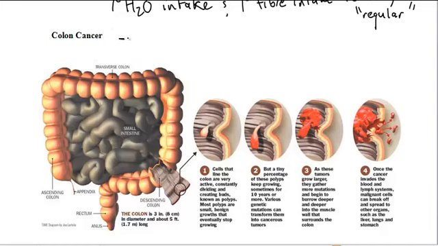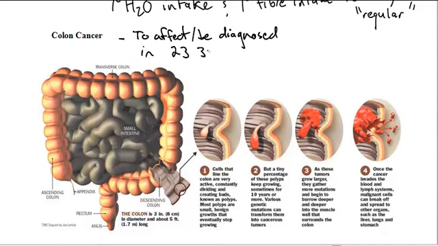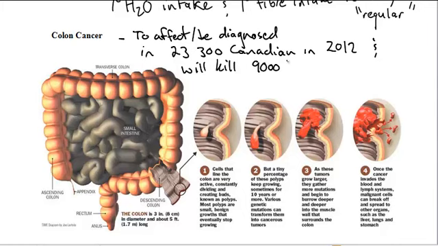Colon cancer, in 2012 alone, is predicted to be diagnosed in 23,300 Canadians in 2012, and will kill over 9,000, approximately 25 Canadians a day.